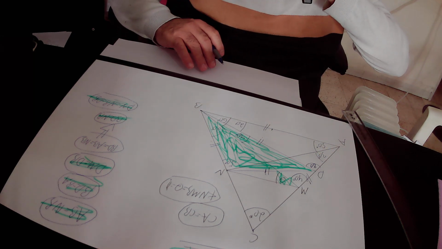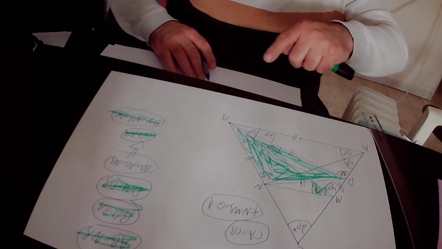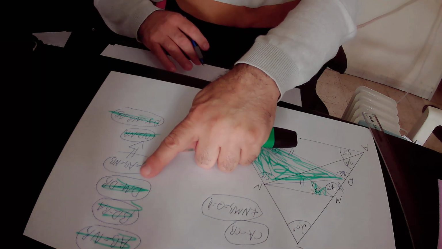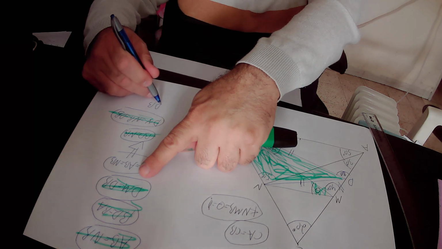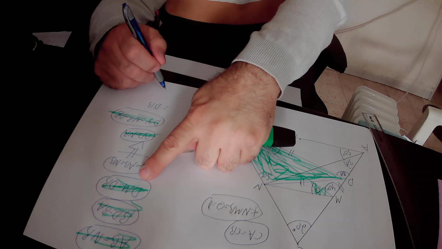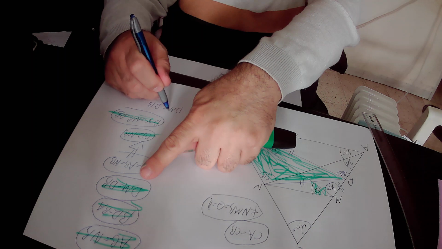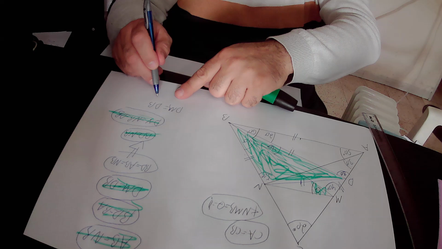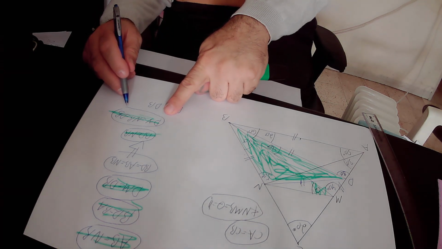So actually, we found out that from one side, side DB equals DM. But from the other side, we also found out that side DB equals side DN.